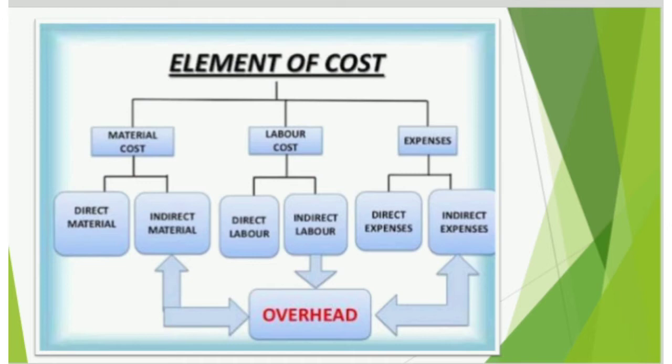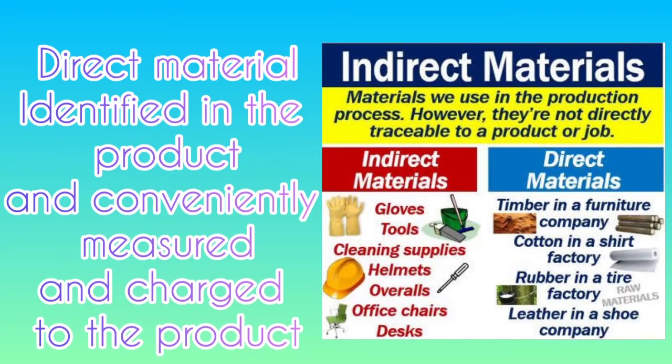From the next slide onwards, we can clearly understand the meaning of direct and indirect material, labor and overheads. First one, direct material and indirect materials. By taking an example of stitching a shirt, to stitch that shirt we want cloth.